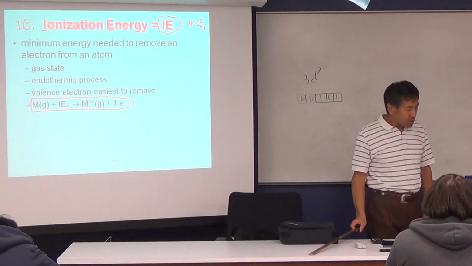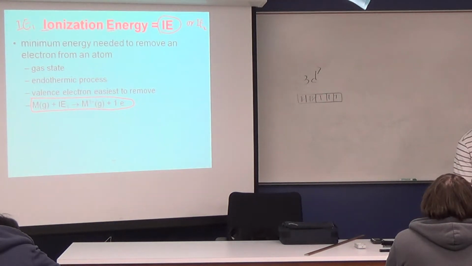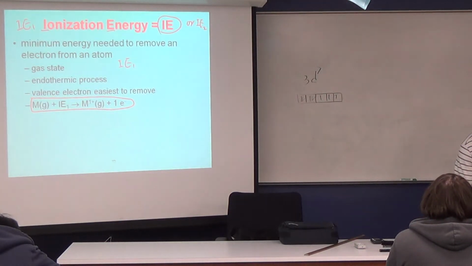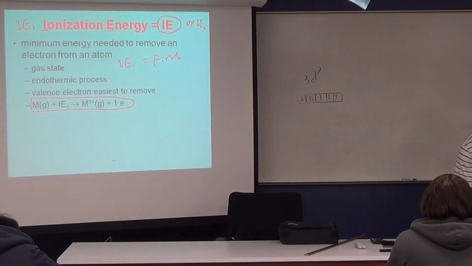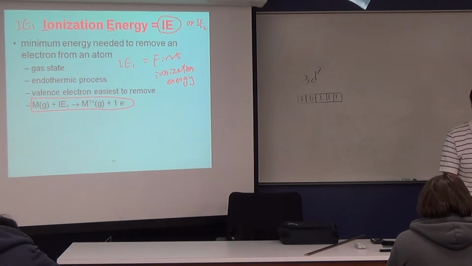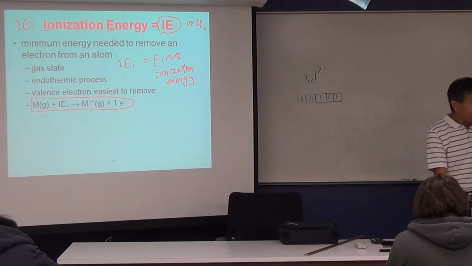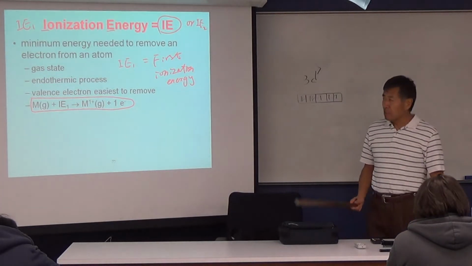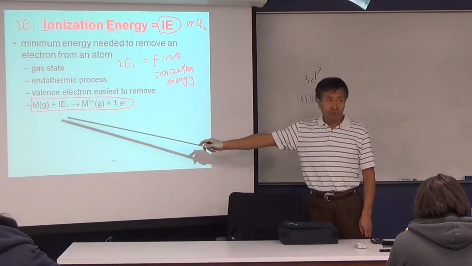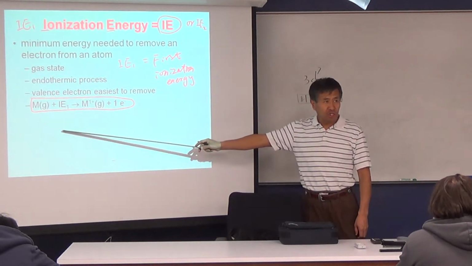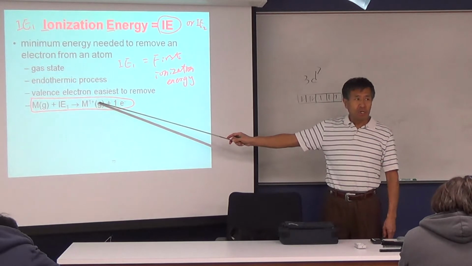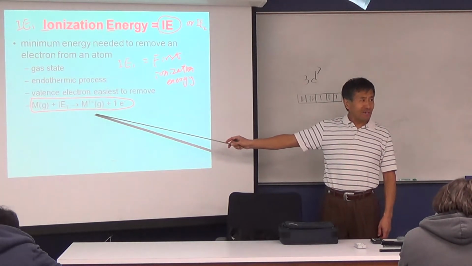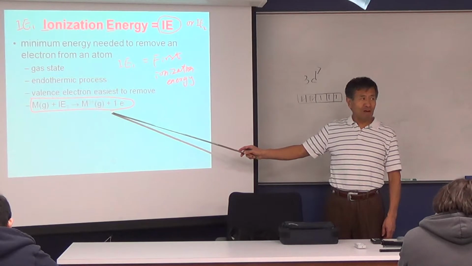And I1 is the so-called first ionization energy. So I1 representing the first ionization energy. It is representing one part of energy you put into this kind of equation and produce +1 ion in gas state and +1 free electron.